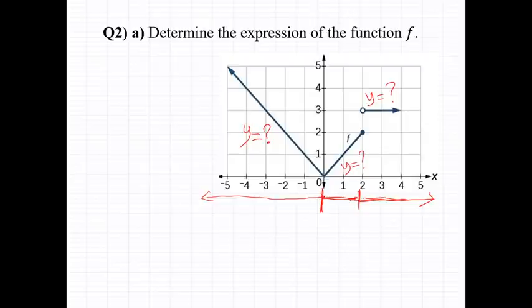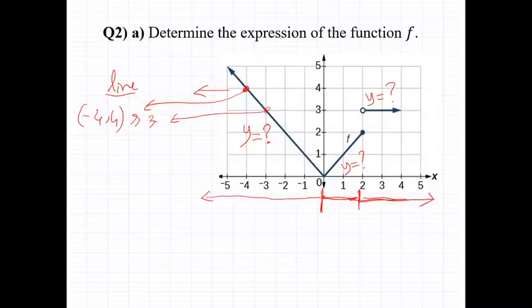Now this is a line, right? So what is the equation of this line? You can take two points here. Let's say 4, minus 4, that is one point, and minus 3, 3.